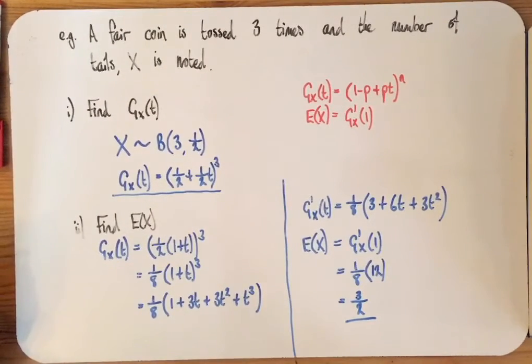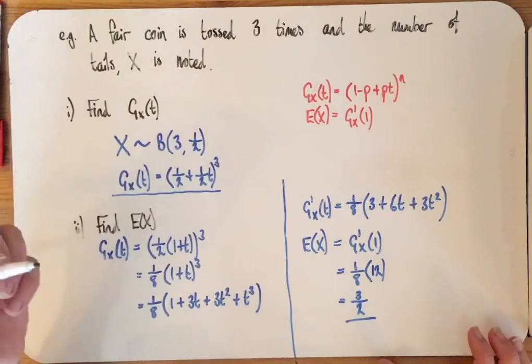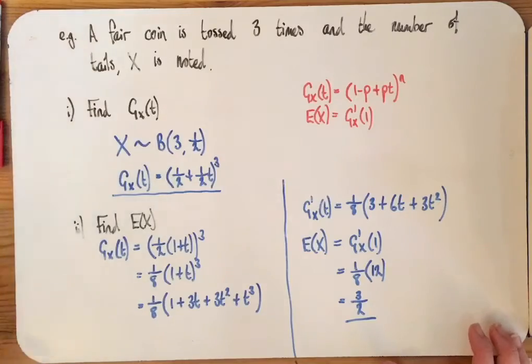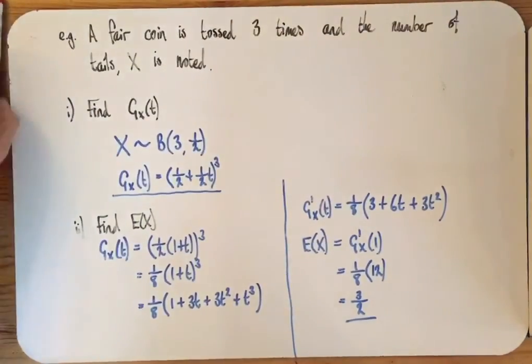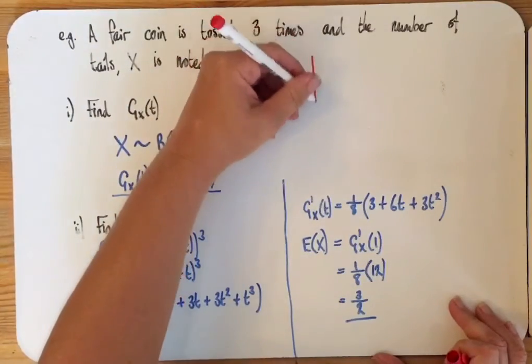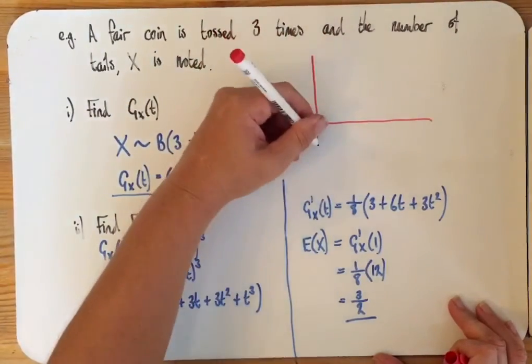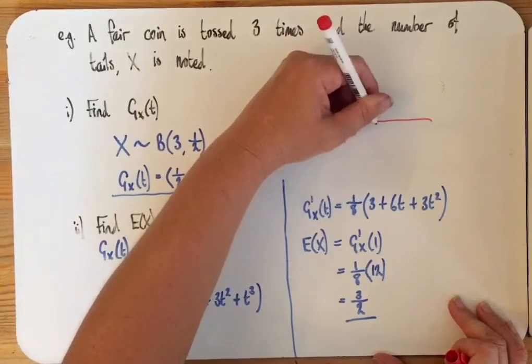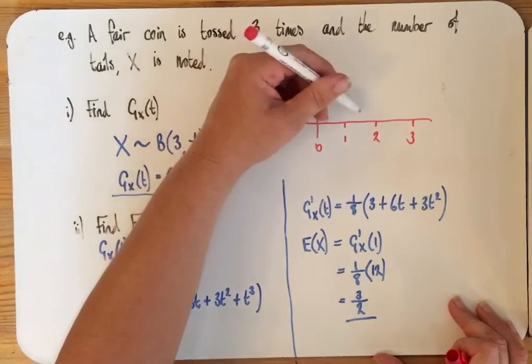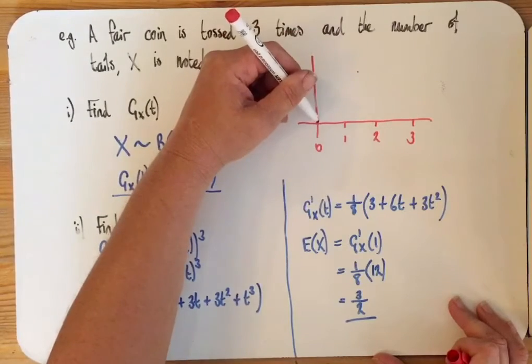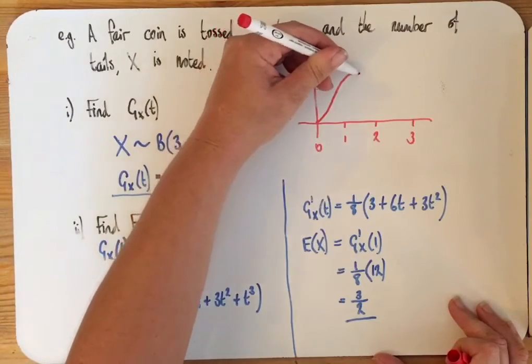If you think about this, we've got a fair coin tossed 3 times. If you think about the shape of your binomial distribution, if p is a half, possible outcomes are 0, 1, 2, 3. If p is a half, then you get a symmetrical distribution for binomial.